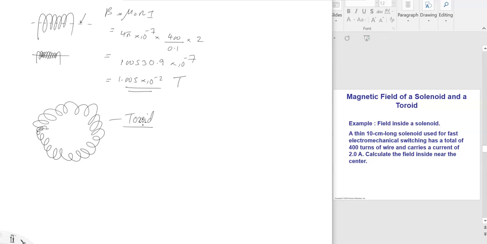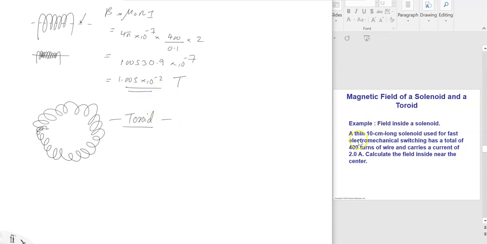I just want you to see what it looks like. It has unique applications and can make much stronger magnetic fields. This is a self-study part, so read up about this. I want you to know some applications of solenoids and toroids. Okay, solenoids and toroids, self-study. Don't worry about the equation for the toroid, just find out some conceptual information.